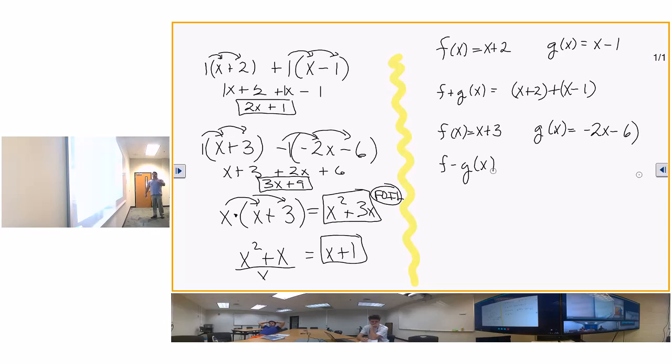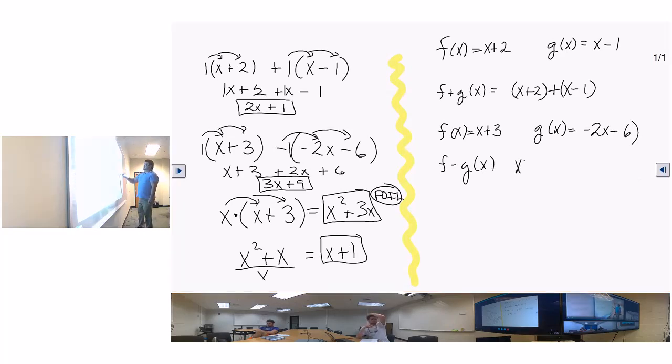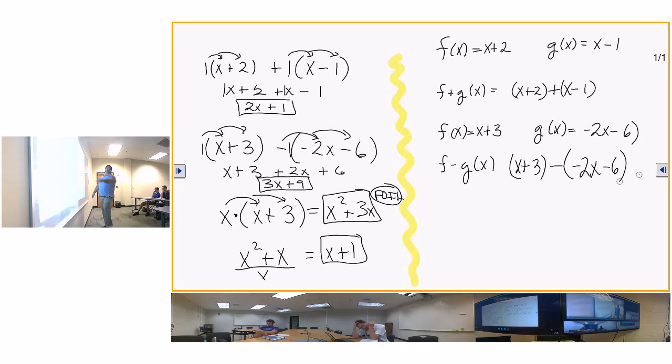The whole point of this is to show you, I guarantee you somebody in here has gone through functions and didn't have a clue they were doing the same thing they did in pre-algebra. So that would be x plus 3 minus (negative 2x minus 6), and you get the same answer.